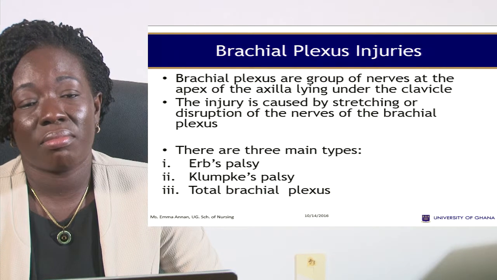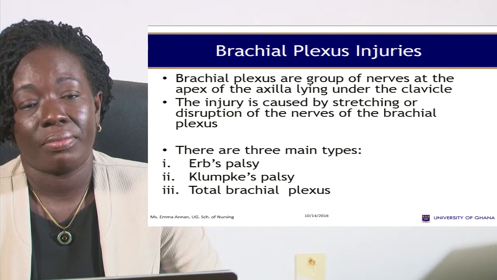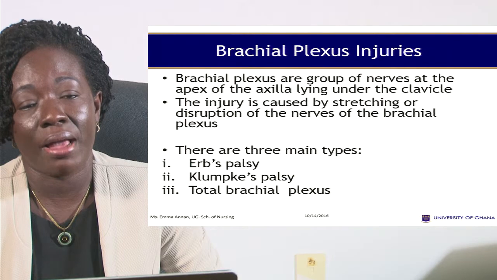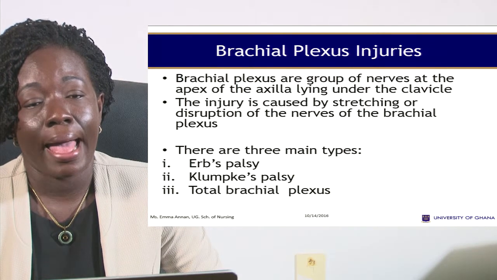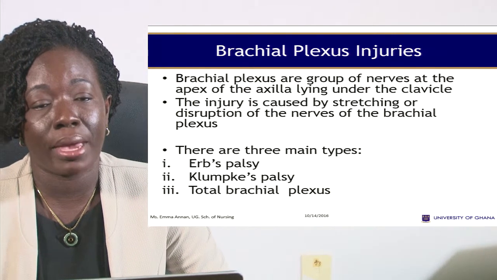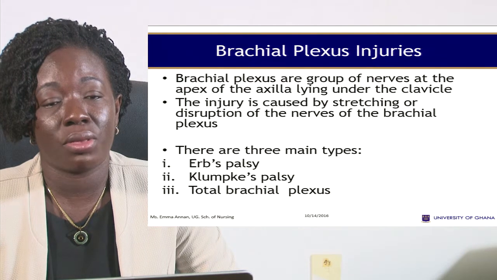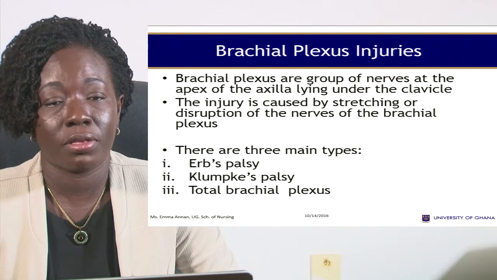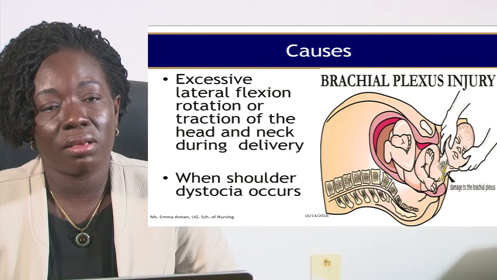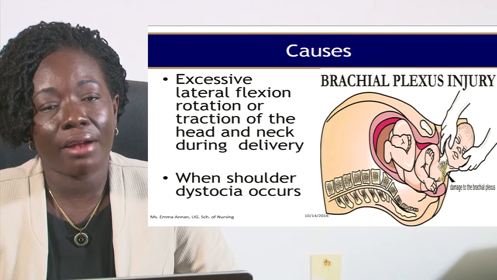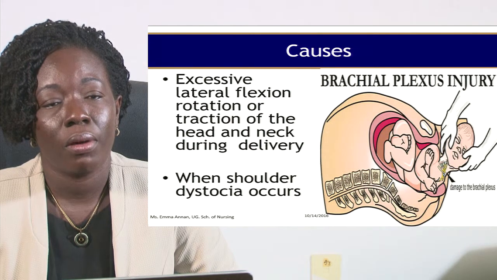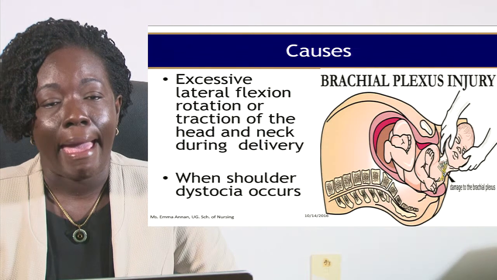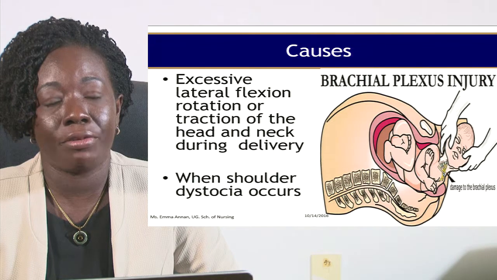There are 3 main types. Some authorities say 4, but the most common ones are the Erb's palsy, the Klumpke palsy, and the total brachial plexus palsy. So let's look at the causes. It's excessive lateral flexion, rotation or traction of the head and the neck during delivery.